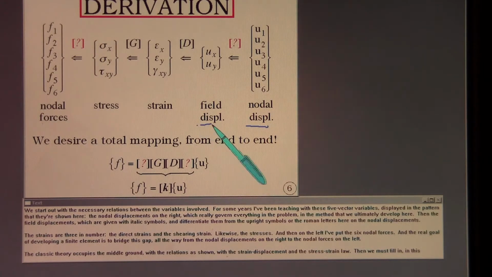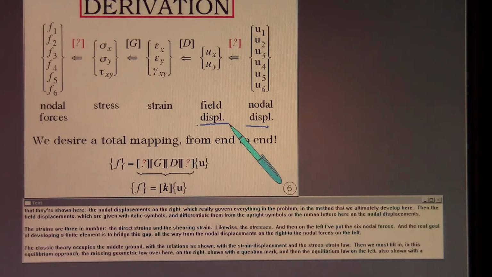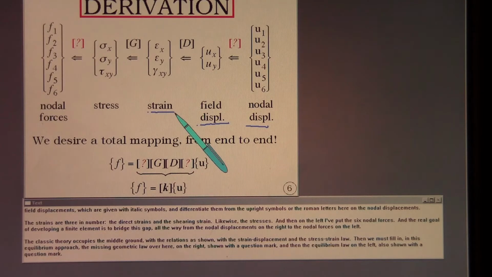Then the field displacements, which are given with italic symbols, to differentiate them from the upright symbols or the Roman letters here on the nodal displacements. The strains are 3 in number, the direct strains and the shearing strain. Likewise the stresses. And then on the left I've put the 6 nodal forces.